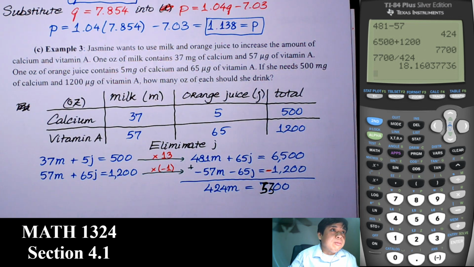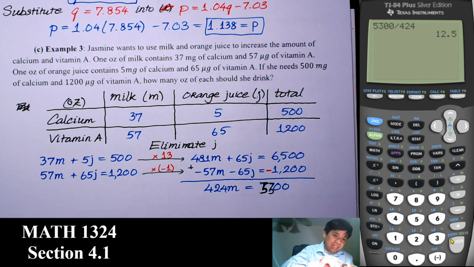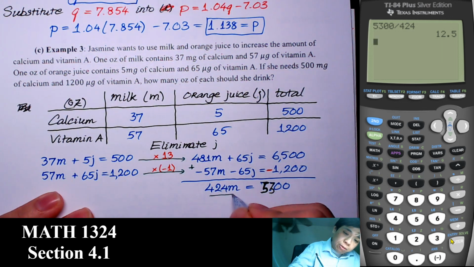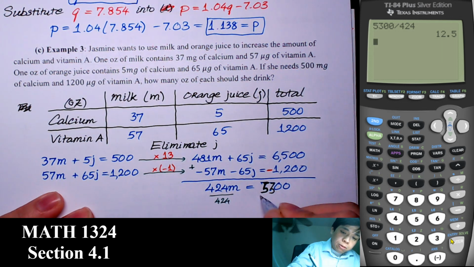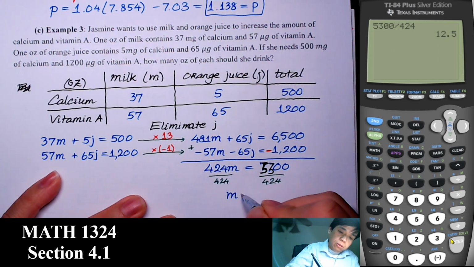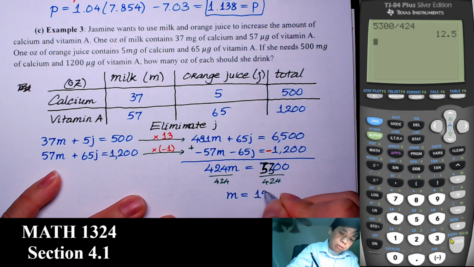Now we have 5300 divided by 424. That's more like it. So m is equal to 12.5.